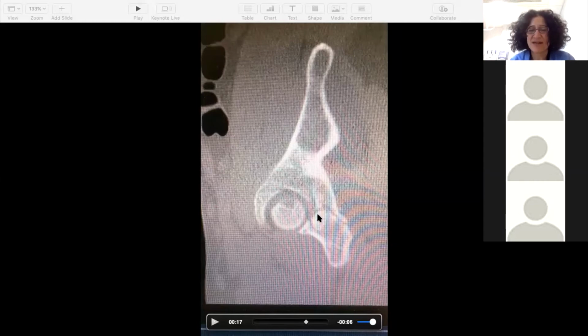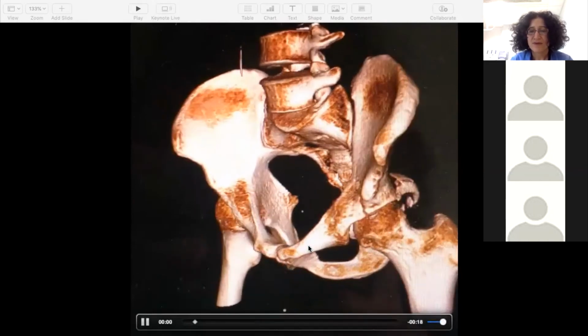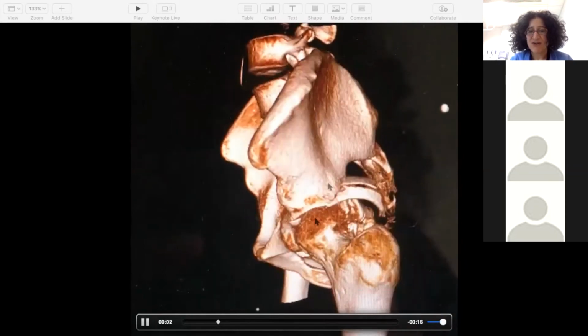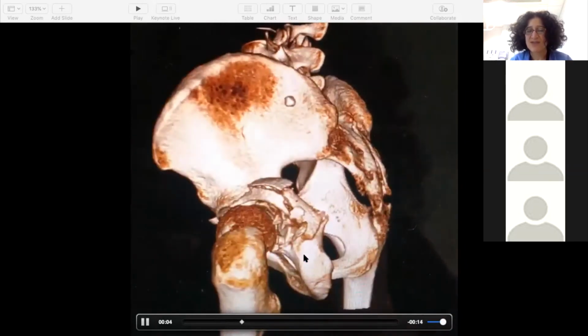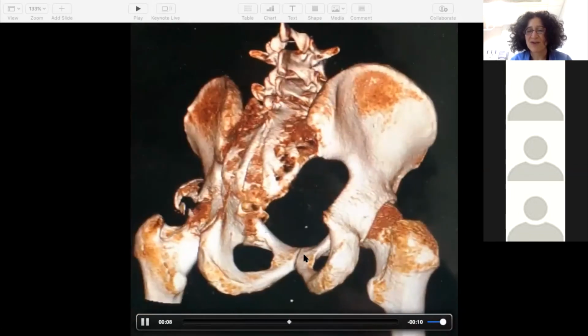That's right, marginal impaction is something that you just, unless it's huge and massive, where sometimes in elderly patients, the femoral head can just drive into the acetabulum. So this is a 3D image of what we've just seen. In elderly patients, the femoral head drives into the acetabulum.